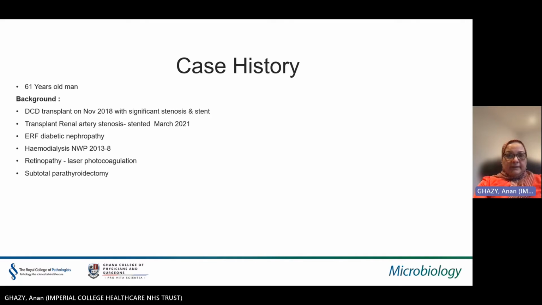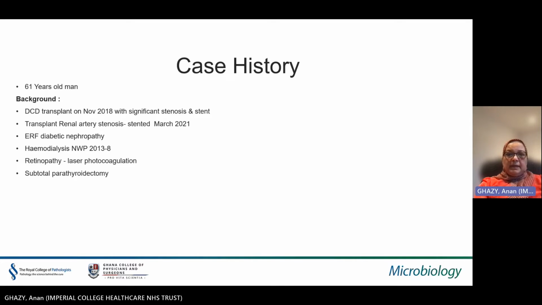I will start with the case, which is a 61-year-old man who has a background history of deceased kidney transplant in November 2018, who has significant stenosis and stent. The transplant renal artery has stenosis, and it was stented in March 2021.